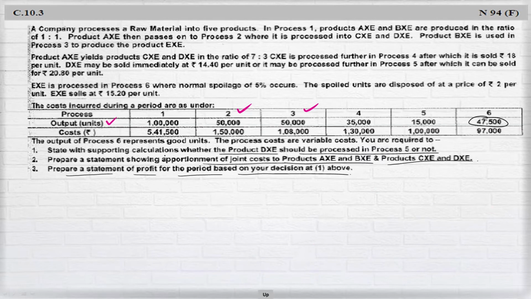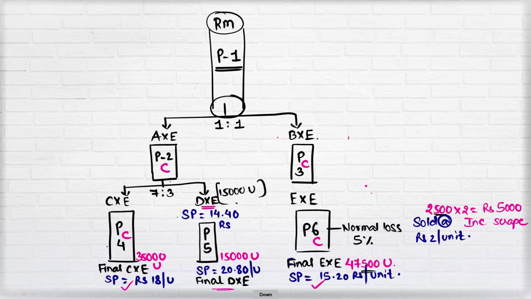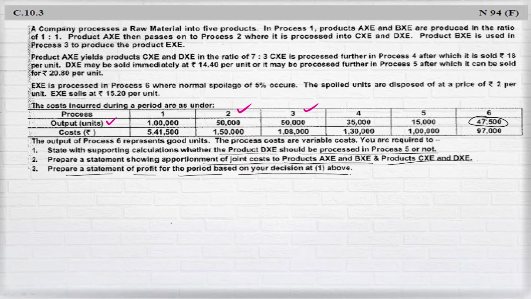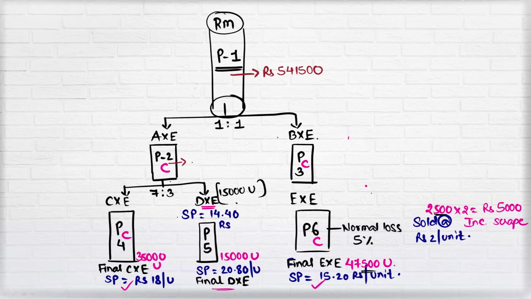Let us write down the cost. Process 1 is costing rupees 5,41,500. It is joint cost. Process 2 is costing 1,50,000 rupees.